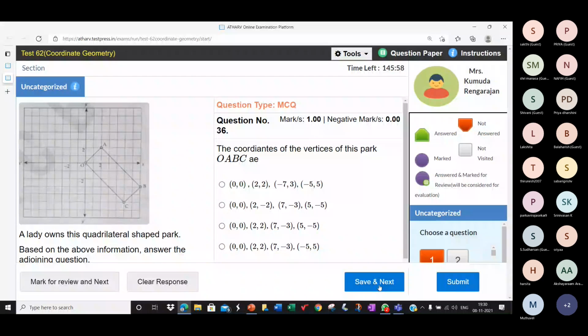Option B, ma'am. Children, is it A, B, C or D? B, okay. I'm just giving others also some time.